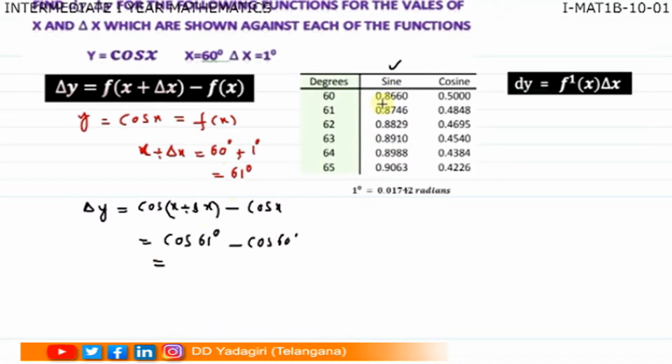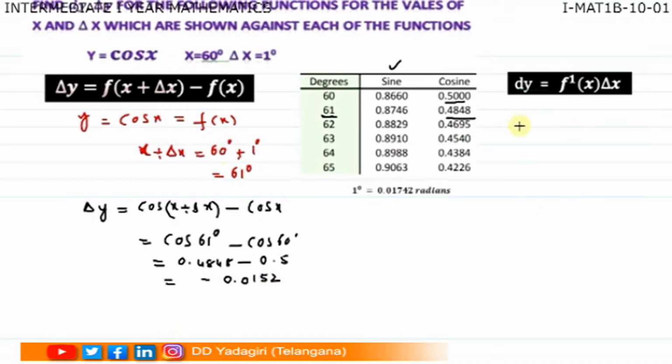Use a cosine table. Cos 61 degrees value is 0.4848. Cos 60 value you already know, that is 1 by 2, equals 0.5. Now on subtraction, we will get minus 0.0152.